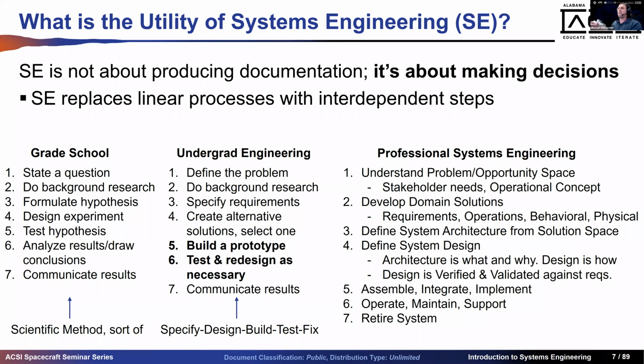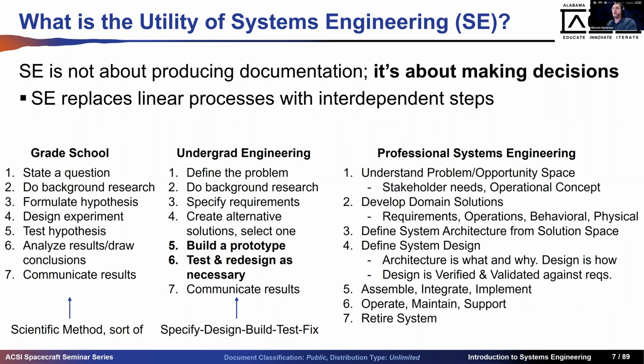Then you look at your domain solutions from the variety of views you have, and those domains are always going to include requirements, operations, behavioral, and physical. Those domains always exist. You get the architecture, which is what, and then you translate the architecture into design, which is how.